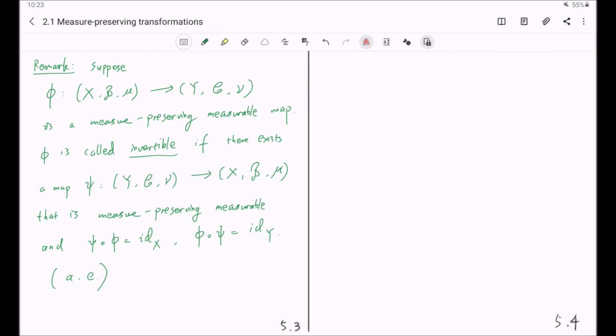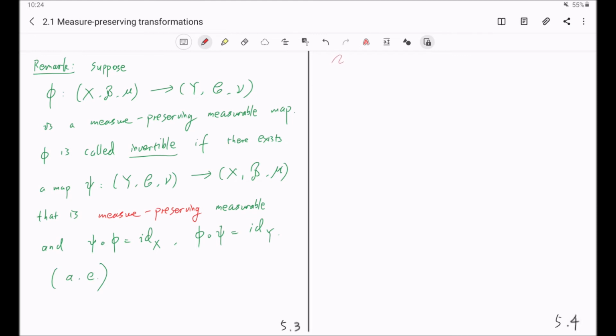It turns out that we don't have to check that psi is also measure preserving. The reason is that once we have all the other properties, then this measure preserving property is evident. It follows from other properties immediately.